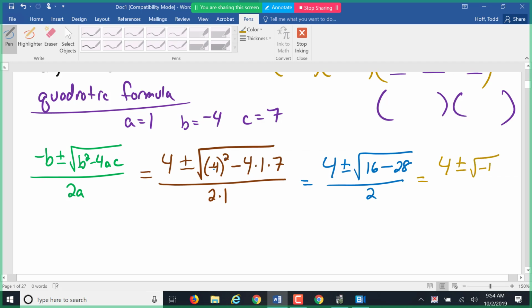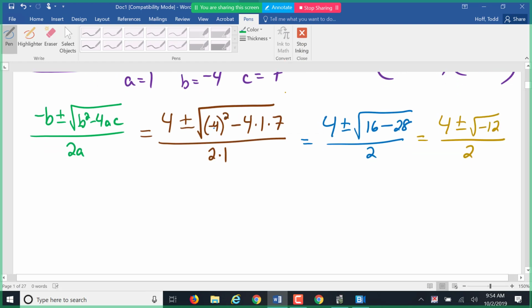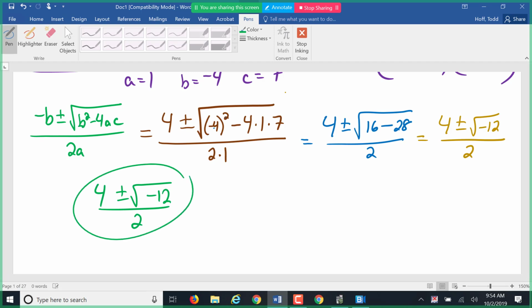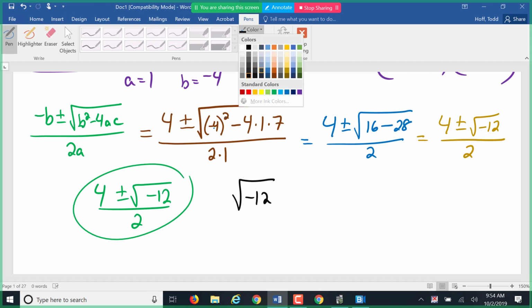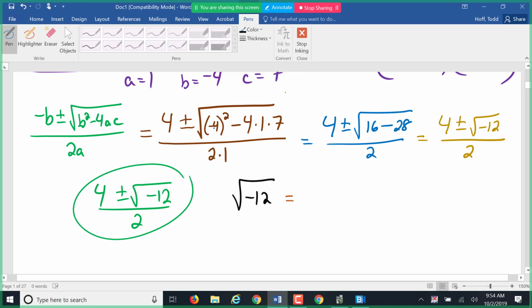16 minus 28 is a negative 12, over 2. Let's look at simplifying that radical expression. To simplify that, we need to simplify the square root of negative 12. I'm going to split that into the square root of negative 1 times 4 times 3.